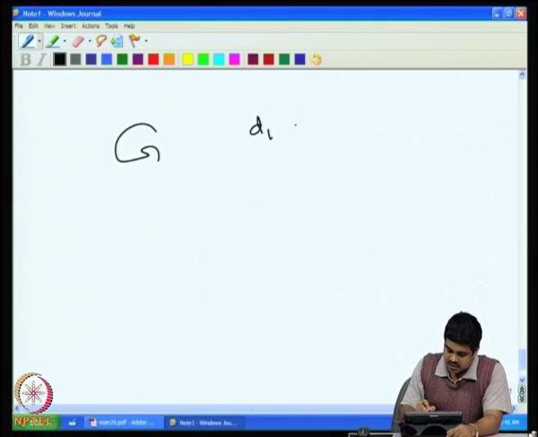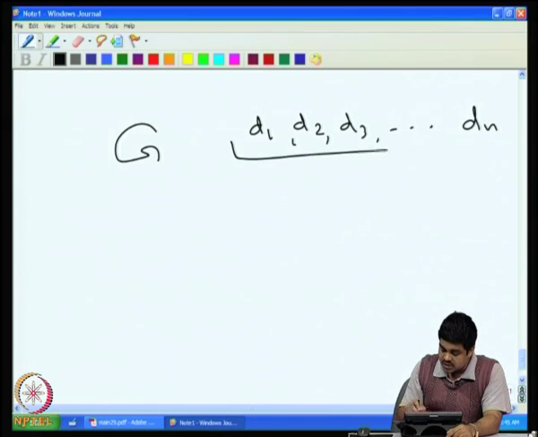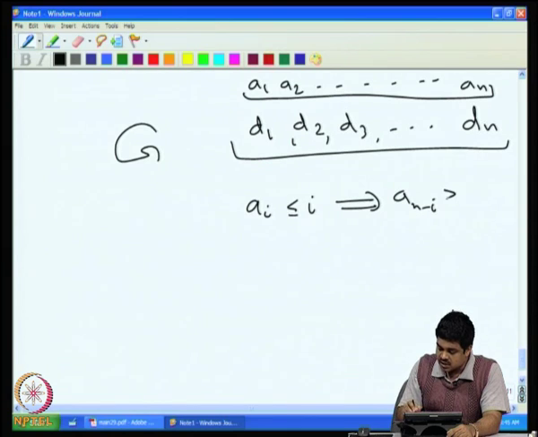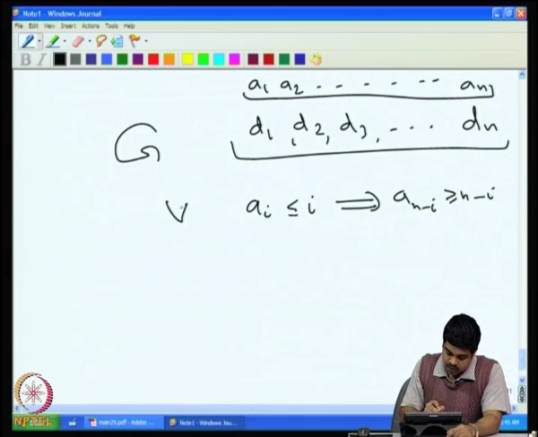So we pick up that graph, let us say G is that, and the corresponding degree sequence can be written as d1, d2, d3, up to dn. As we have already noticed, this degree sequence is pointwise greater than the original degree sequence, and because the original sequence satisfies the condition, that ai less than or equal to i implies an minus i greater than or equal to n minus i for all i, this sequence also will satisfy that.